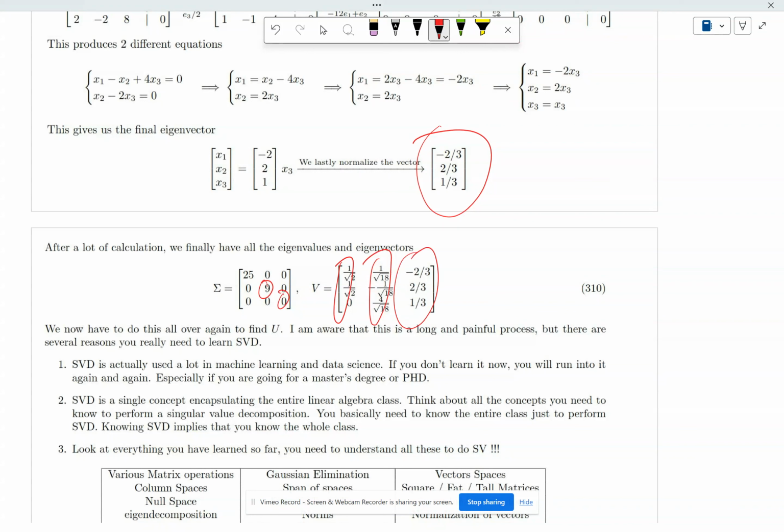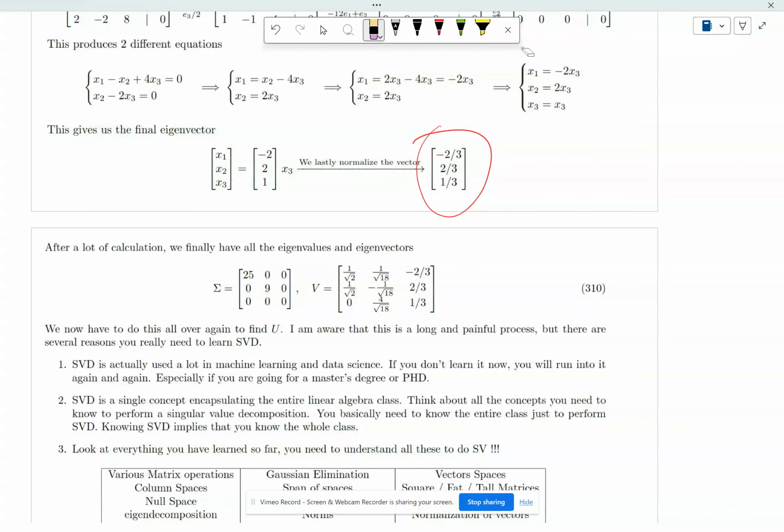Now, remember I told you the singular values tell you the contribution of each orthonormal basis. Therefore, you can see this one has a large contribution. This one has a pretty large contribution, but this one has no contribution. So it's not really contributing to the space because the eigenvalue is 0.